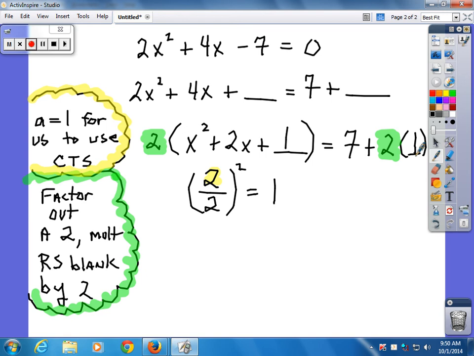Now clean up both sides. 2 times x plus 1 quantity squared is equal to what? 9.